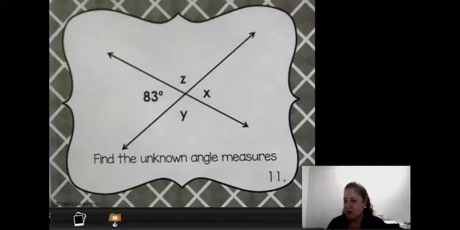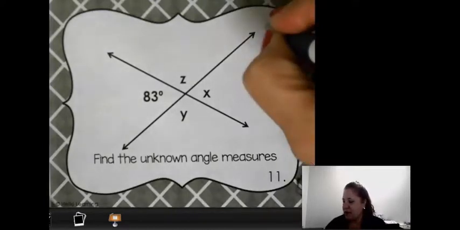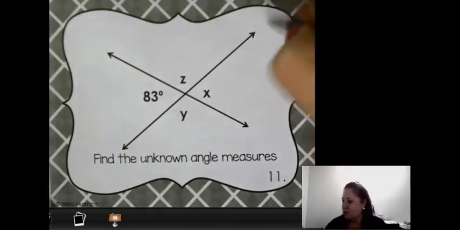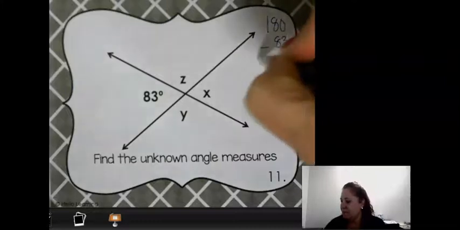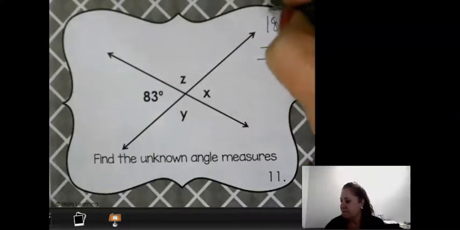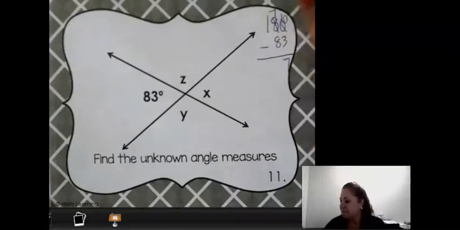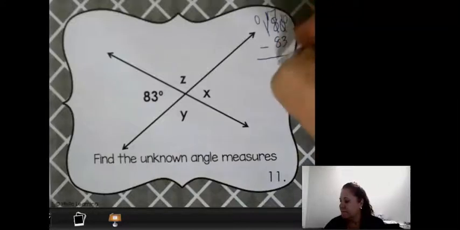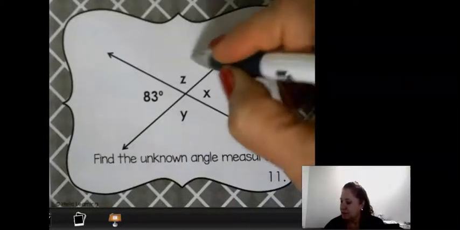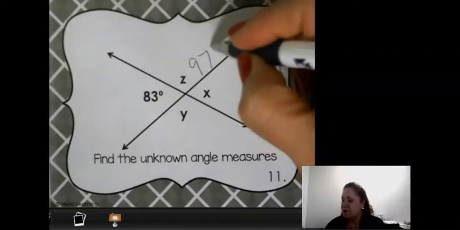Right, we are going to take away 83 from 180 degrees. That gives us 97 degrees here.